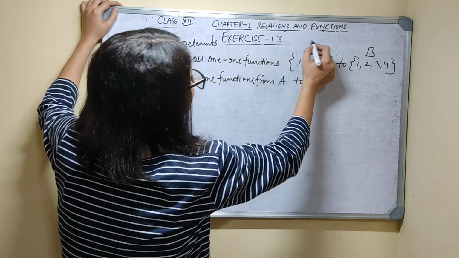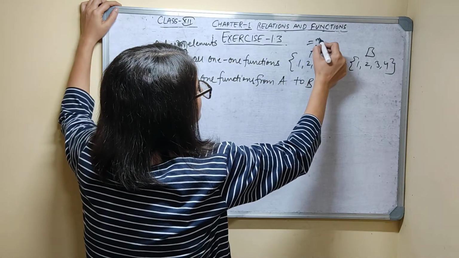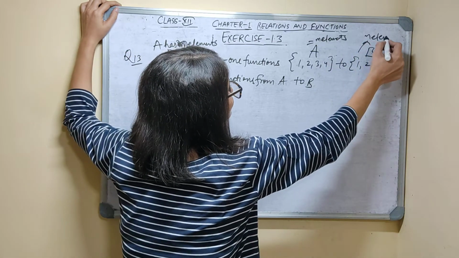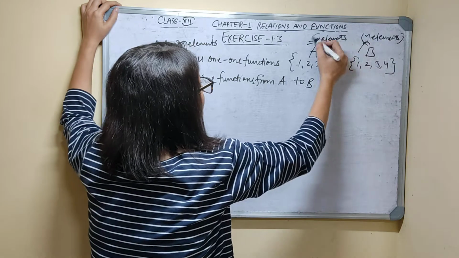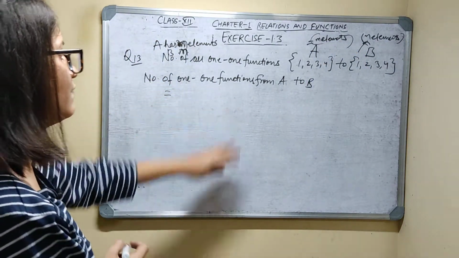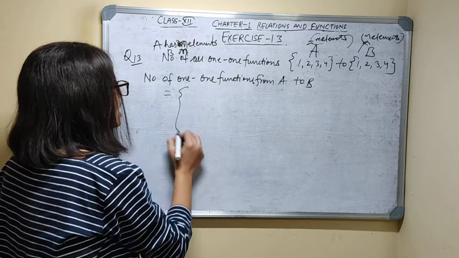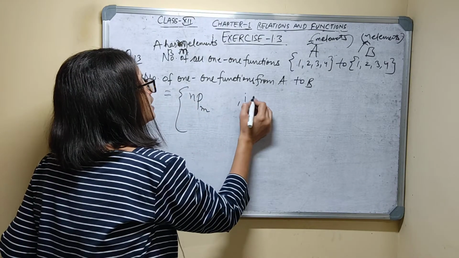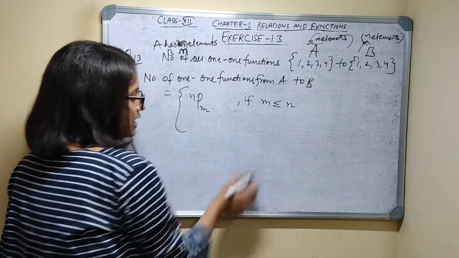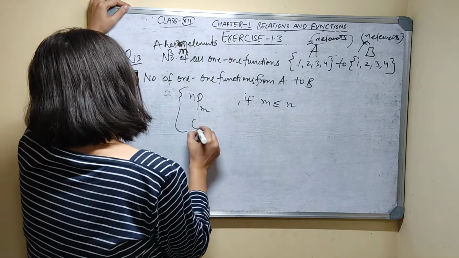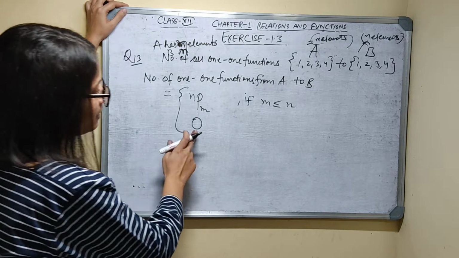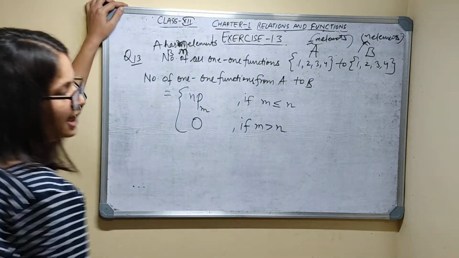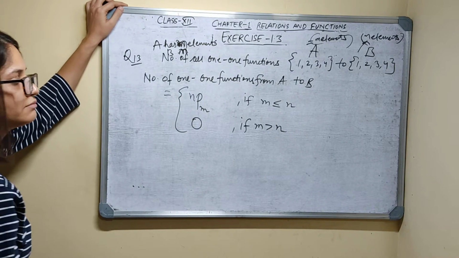I will tell you the formula. The number of all one-one functions from A to B will be nPm if m is less than or equal to n, and it will be 0 if m is greater than n.